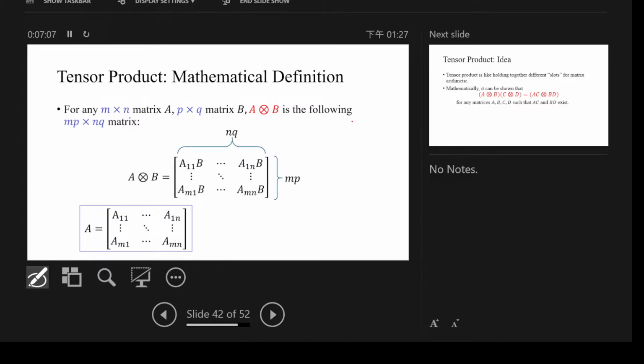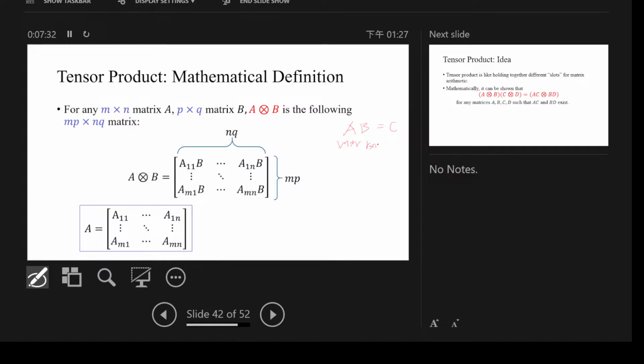So for usual matrix multiplication, say you have A and B, then those two matrices need to have matching dimensions. So you have matrix A multiplied by matrix B equal to matrix C. Usually this is n by r dimension, sorry, maybe this is n by r, and this is r by n.